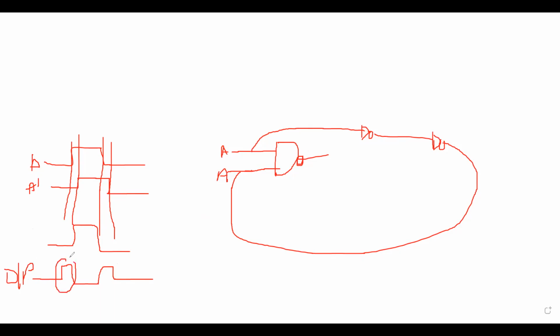These two waves, which are unwanted waves being generated, we call the glitch. The unwanted signals which you don't want in our digital circuit, we call a glitch. Ideally, the output should be something like this.